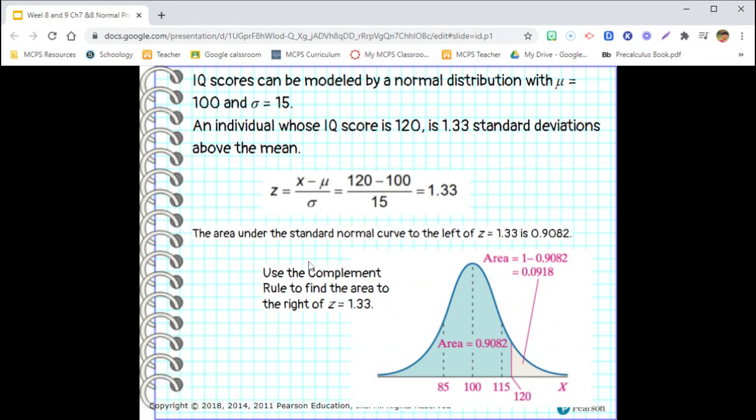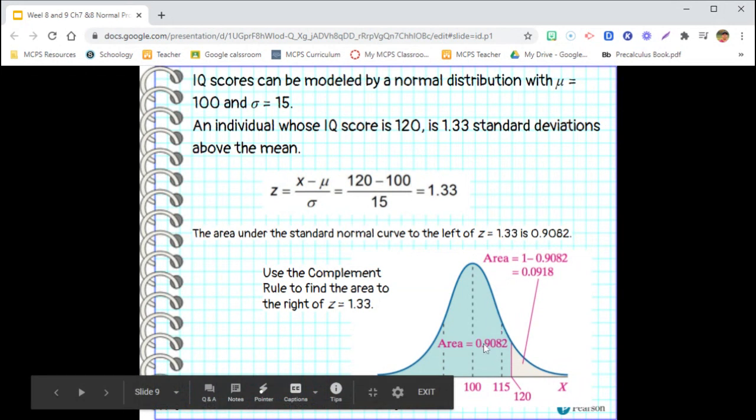So if the question asks you to find the area, because we're talking about a person, the area under the standard normal curve to the left of z is 1.33. So the area is 0.9082.